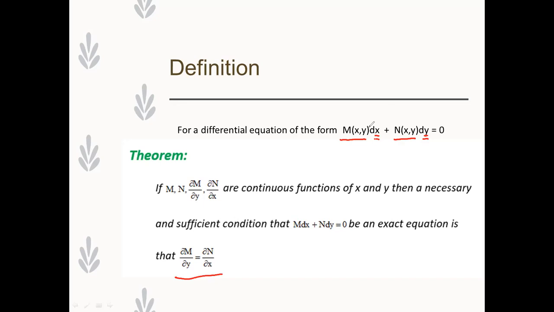Okay, so this is a needed requirement that the partial derivative of M with respect to y and the partial derivative of N with respect to x should be exactly the same, including the signs. If not, then your DE is said to be inexact or not exact. And there's a procedure on how to make it exact, and we will learn it in the next meetings.